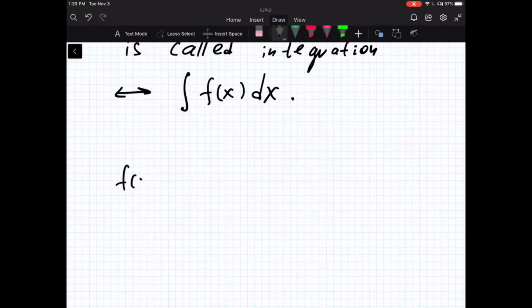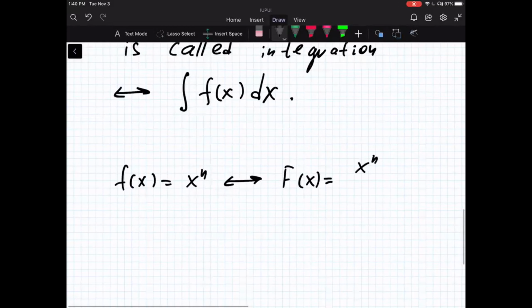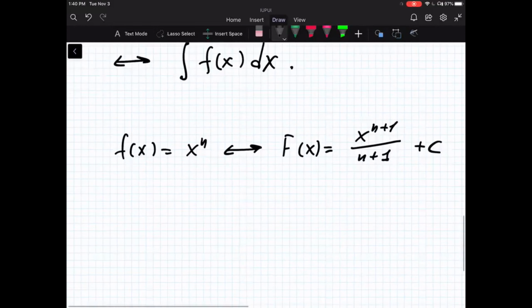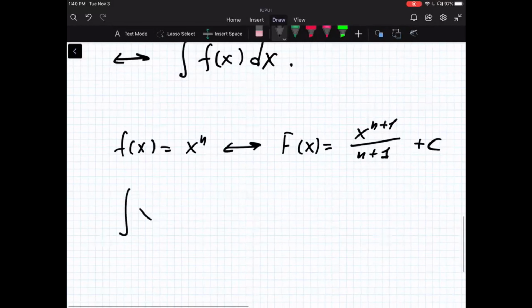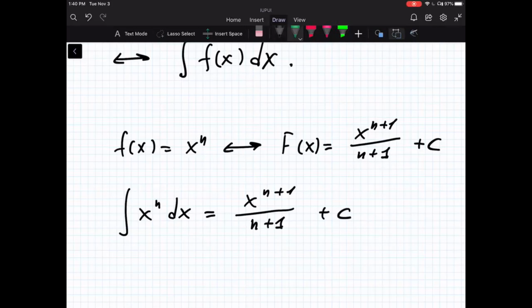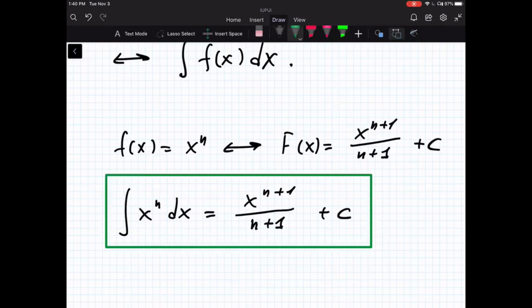If we have f of x as x to the power n, then the corresponding antiderivative was x to the power n plus 1 over n plus 1 plus some constant. And now I can say, using this notation, that the integral of this function x^n gives me x^(n+1) over n plus 1 plus some constant. So it's nothing else but writing this fact in a different notation.